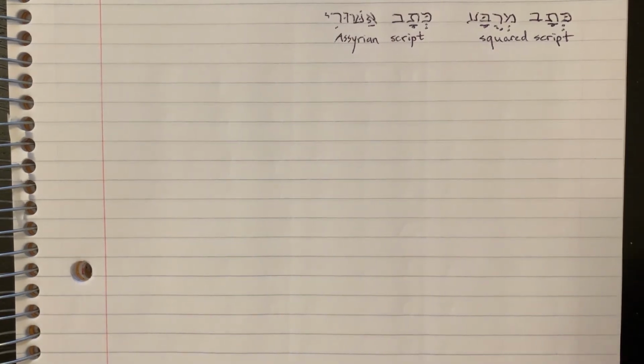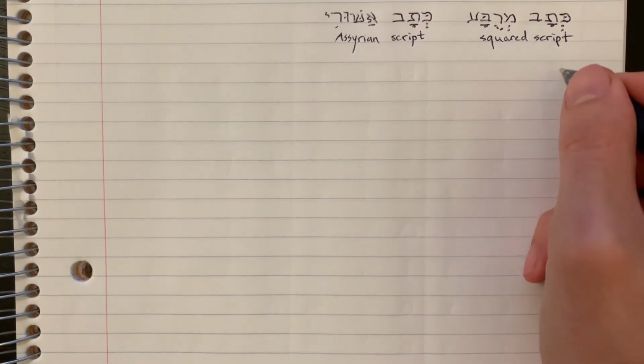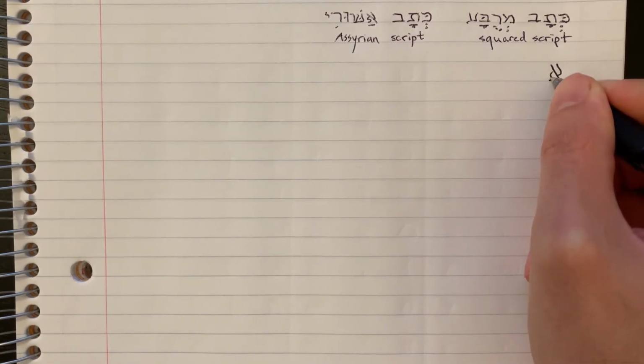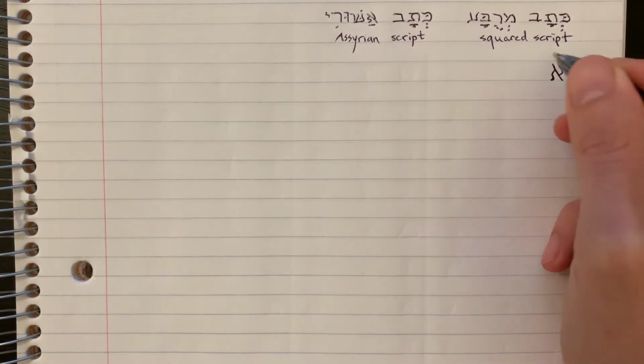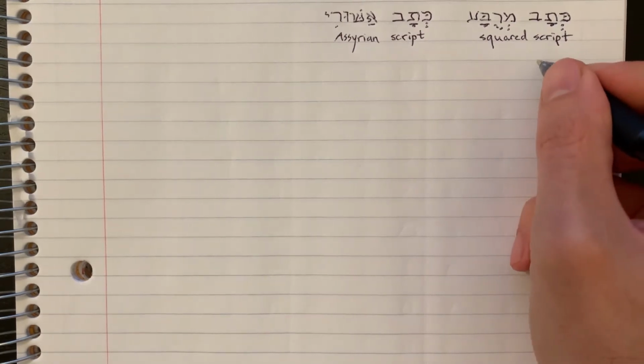The first letter of the Hebrew alphabet is Alef. And I'll write these bigger so you can see them. And pay attention to the way that my hand is moving and writing the letters. That is the common way to write the letters.